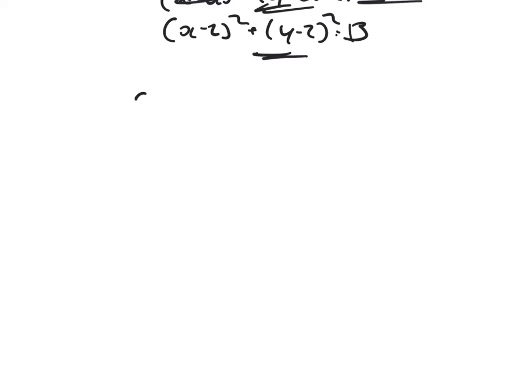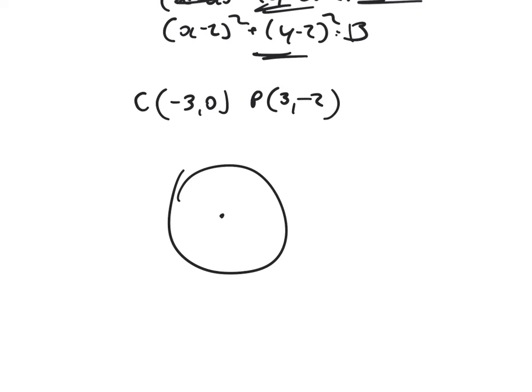Okay, part B, circle centre this time is minus 3, 0, and we're passing through the point 3, minus 2. Let's get a sketch. Minus 3, 0. 3, minus 2 might be down here.